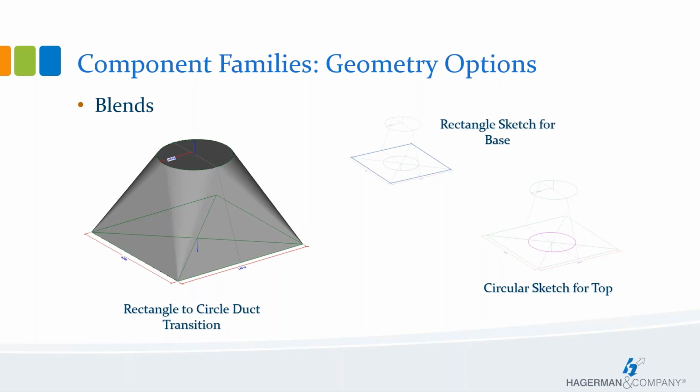On the screen, we see just such a component as well as the underlying sketches used to create this shape. You might have noticed that the circular sketch is in the same plane as the base. That is because you can sketch the shapes in a single plane, then use the height parameter to tell where the base and top actually go in the Z direction.